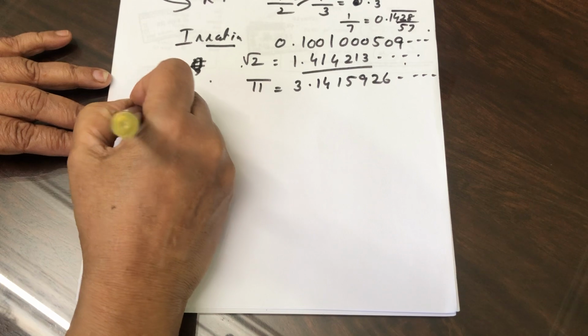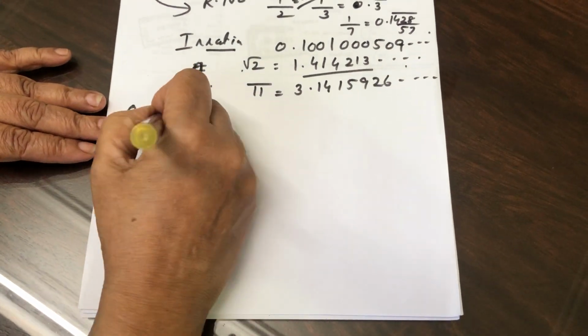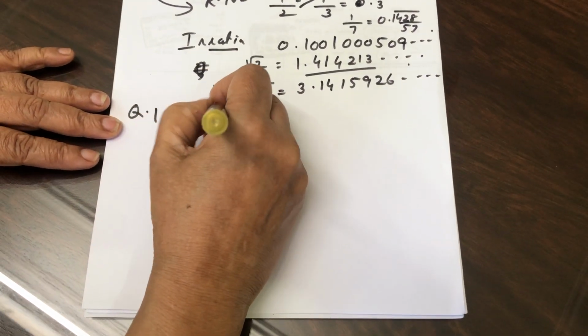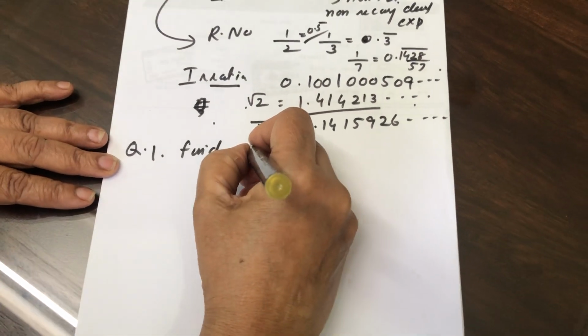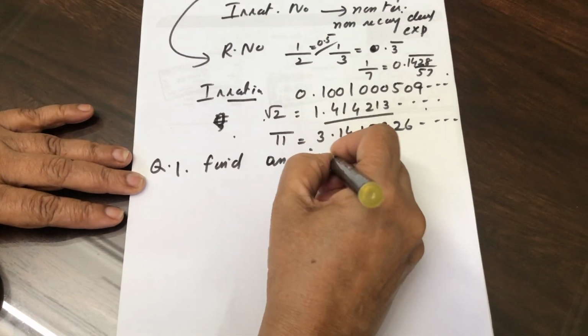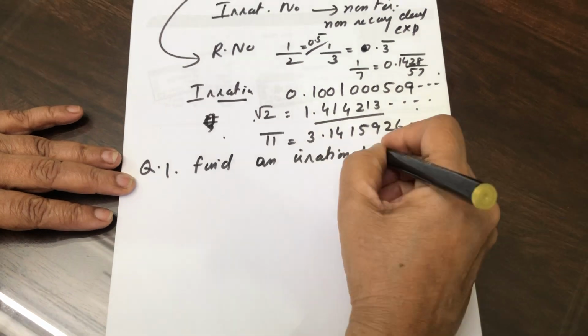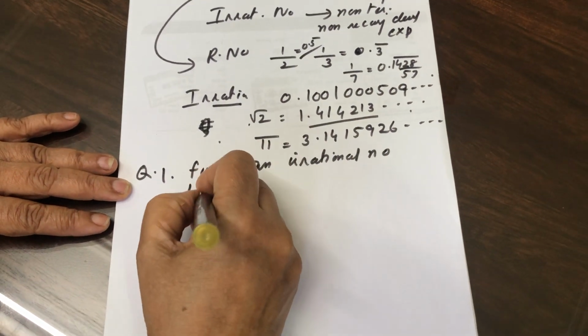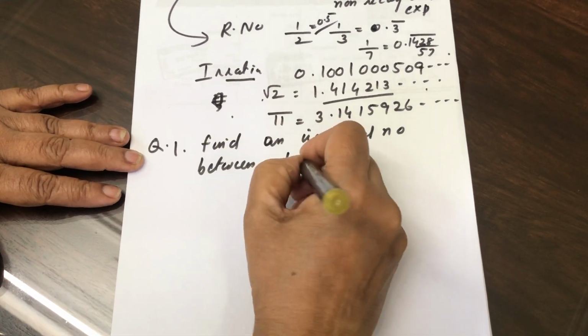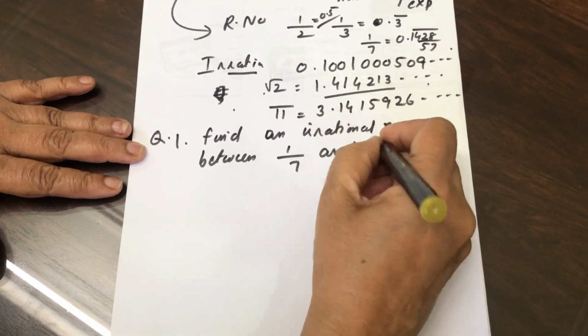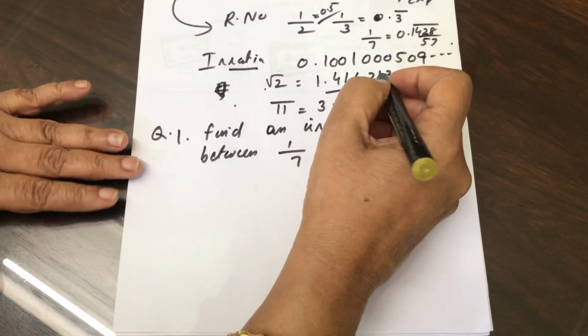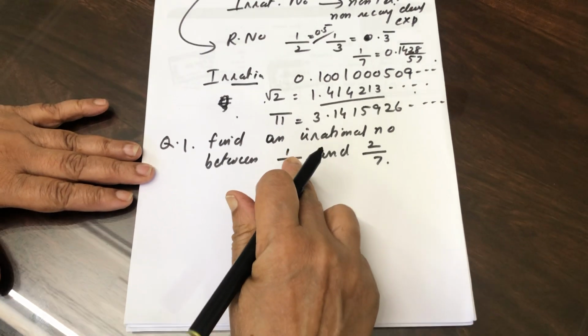Now we are going to do some questions. Find an irrational number between 1 by 7 and 2 by 7. I have already divided 1 by 7.